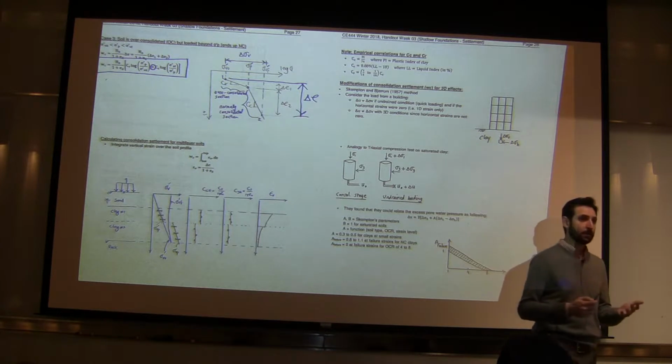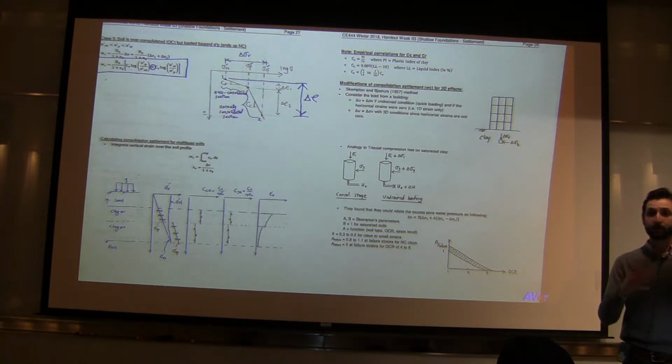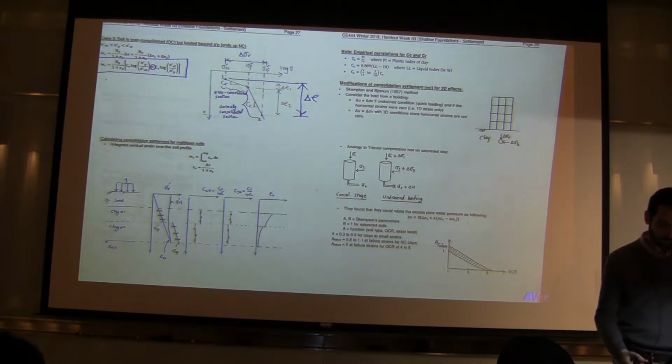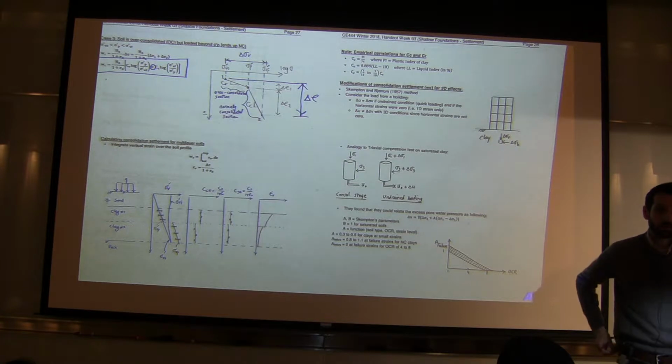If you realize that this is something that governs your design, then you can go back to the client and say, hey, it really matters if you refine the C_C and C_R values, and that justifies doing extra site investigation, getting samples, bringing them to the lab, and doing a consolidation test. But sometimes it doesn't matter. You can just use the empirical correlations, come up with some range of settlement values, and you may realize that it doesn't really change the final design.